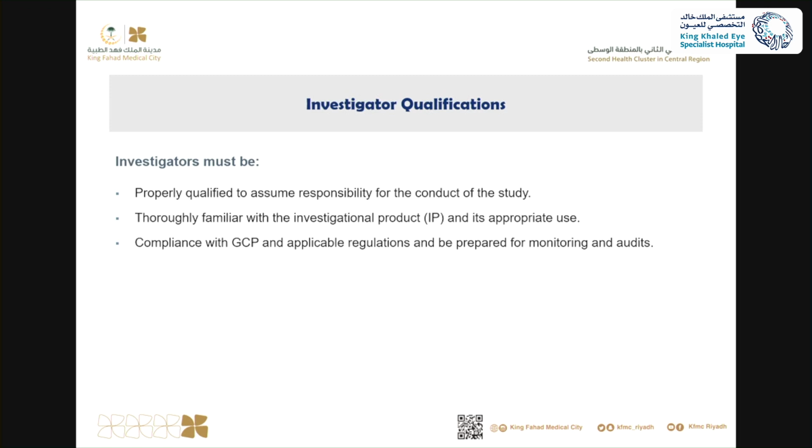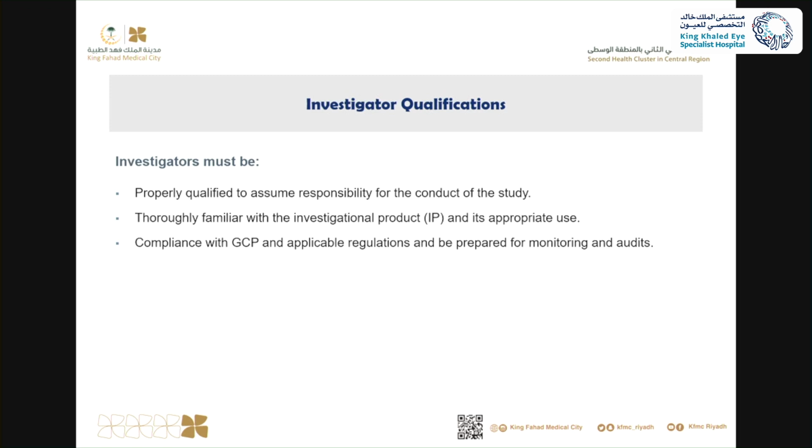Now, for the institution I belong to, King Fahd Medical City, for clinical trials, we only accept a good clinical practice guideline certificate. Although there is an online certificate, where you can read the modules by yourself, then go for MCQs, and pass, this is not enough for us at King Fahd Medical City to conduct clinical trials.